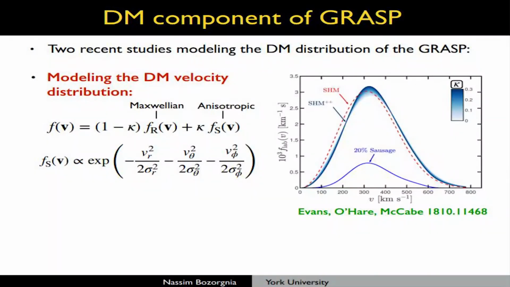There was another work which models this dark matter velocity distribution based on what we know from the density of the stars, that it falls with 1/r². If the dark matter density also follows that, then to solve the Boltzmann equation, you can consider a velocity distribution which is a combination of a Maxwellian plus an anisotropic velocity distribution.